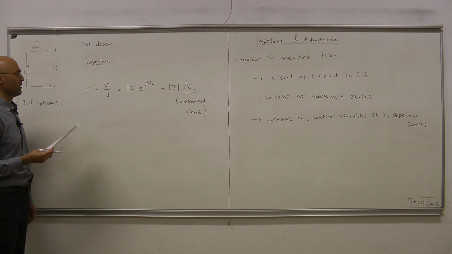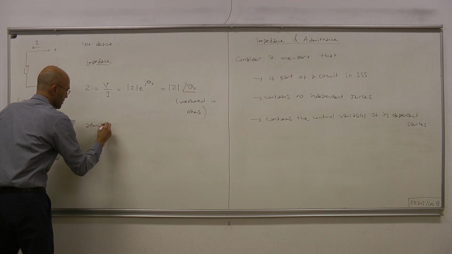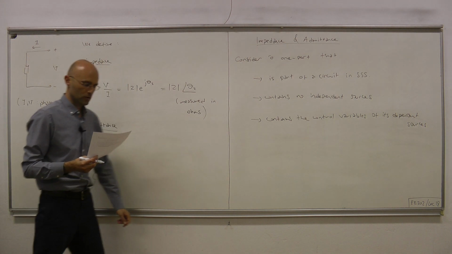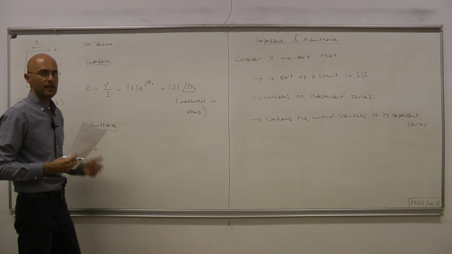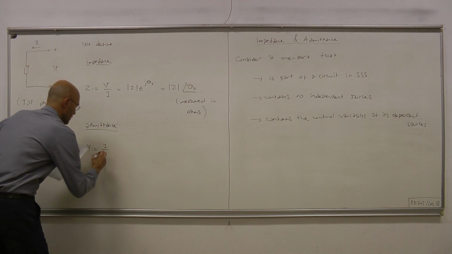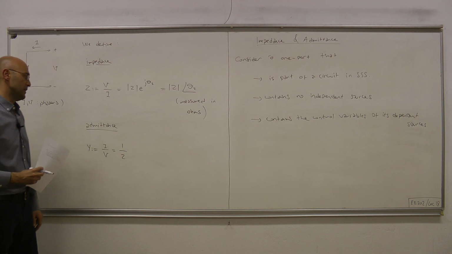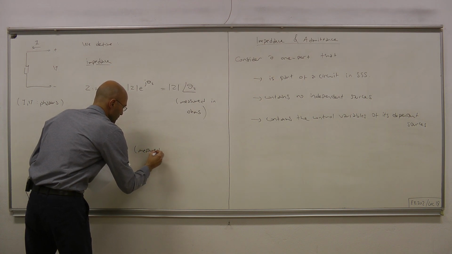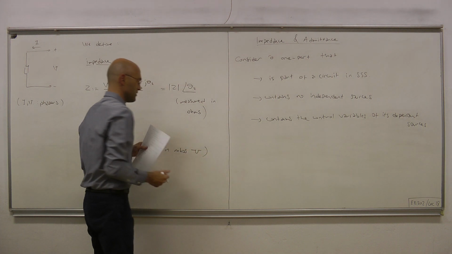Okay. Now, as for admittance, it's the dual definition. Simply, we're taking the ratio of current to voltage. And admittance is denoted usually by the letter Y. Y equals I over V, which clearly equals 1 over the impedance. And it's measured in mhos, or Siemens.